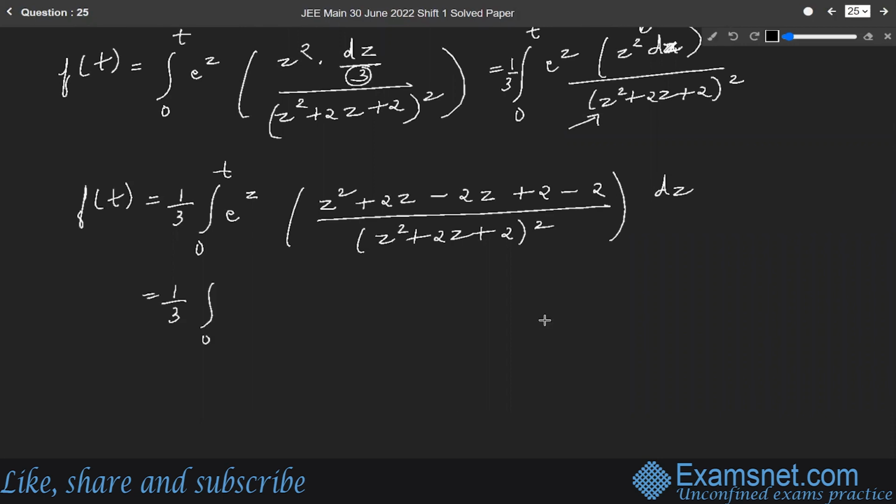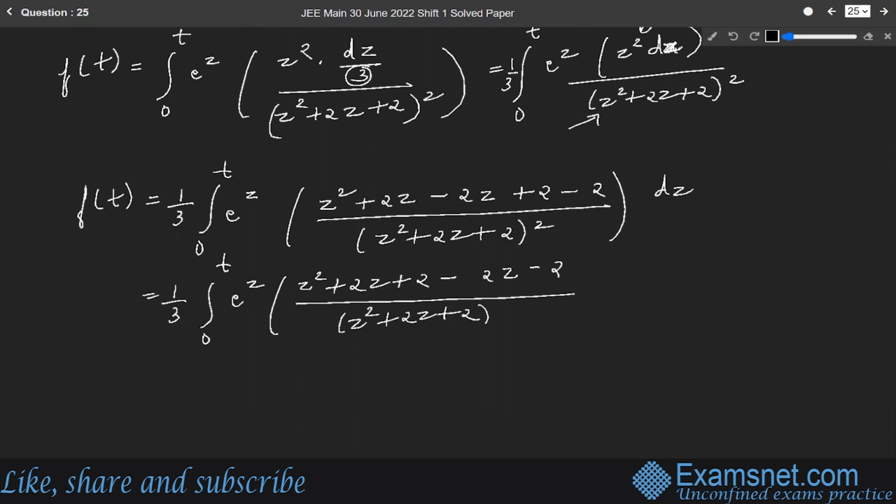Now we can arrange these terms. 1 by 3 integral of 0 to t e power z into, we can write z² plus 2z plus 2, right? Minus 2z and minus 2. We can write it in this way, divided by z² plus 2z plus 2 whole square and dz. Now let us split this into two parts. Let this be the first part and let this be the second part.